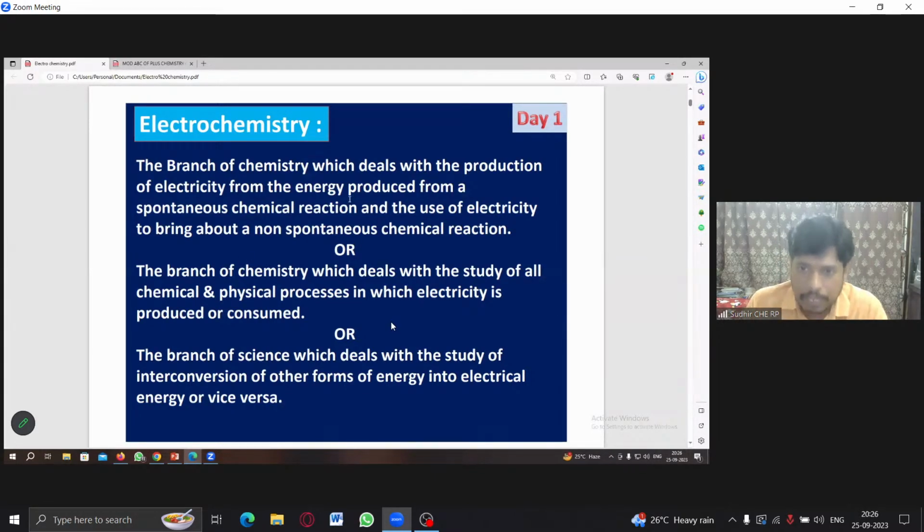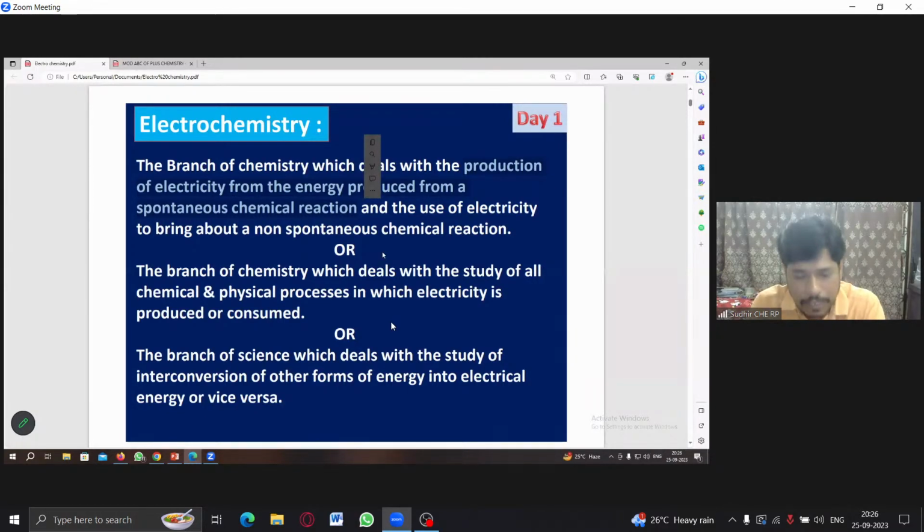Okay. So the first definition which I would like to provide you for electrochemistry is, it is a branch of physical chemistry that deals with the production of electricity from energy produced from a spontaneous chemical reaction. This is one part of the statement. Very carefully you need to understand. Okay, so if I exclude this beginning part, what mainly I need to focus on here is production of electricity from energy produced from spontaneous chemical reactions.